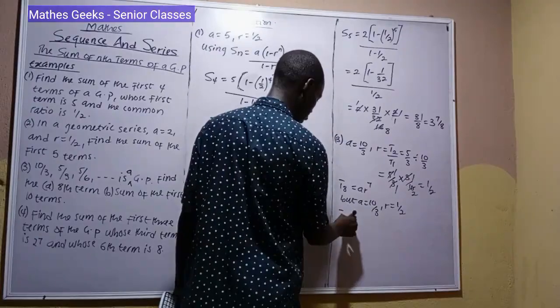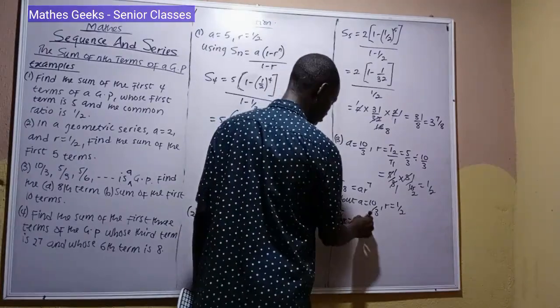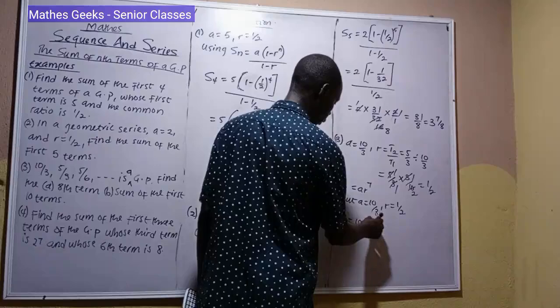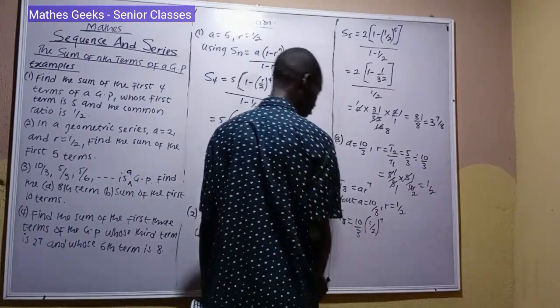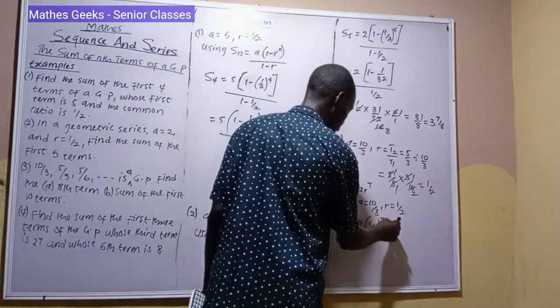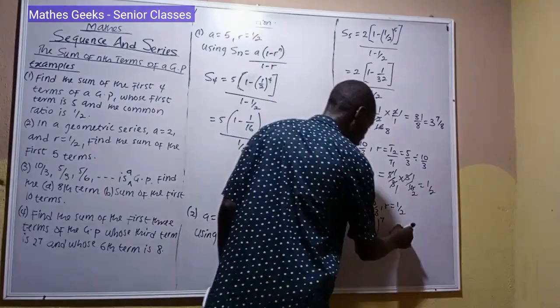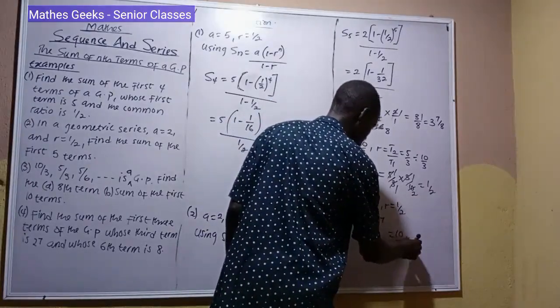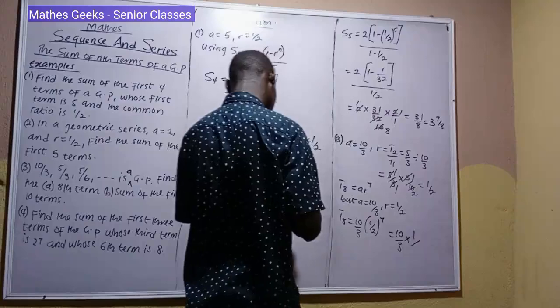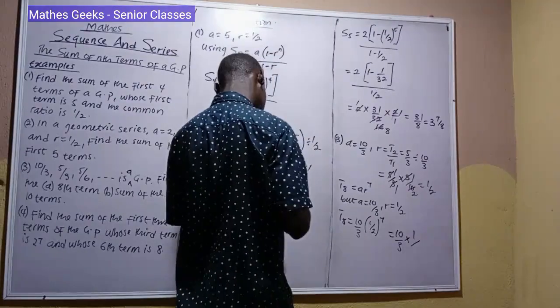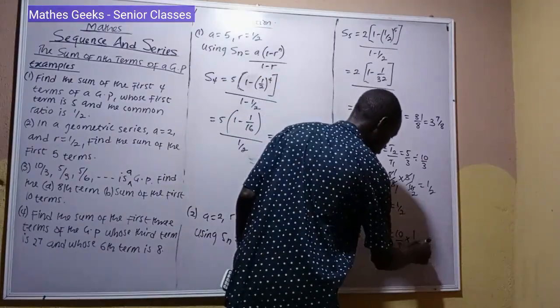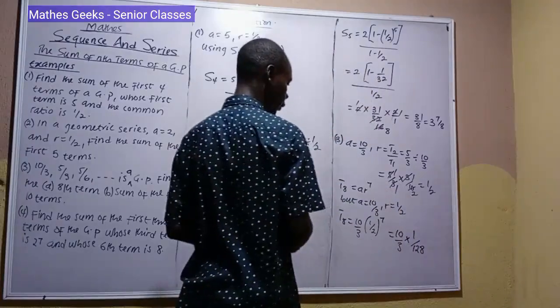T8 is equal to A R raised to the power 7, where A is 10 over 3 and common ratio is 1 over 2. So T8 is equal to 10 over 3 times 1 over 2 raised to the power 7. 2 raised to 7 is 128.